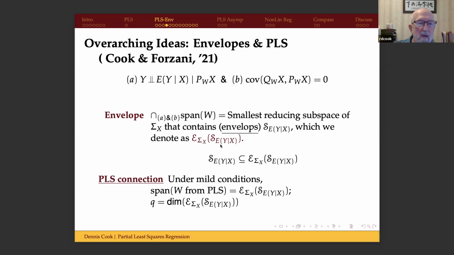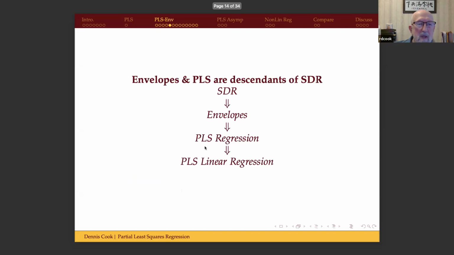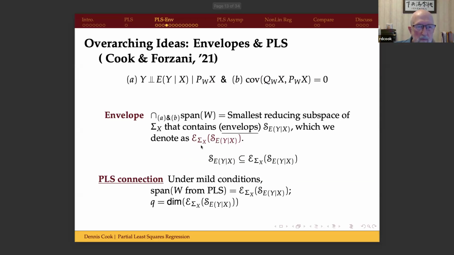We denote this as E, standing for envelope, with sigma X being how we're controlling the correlation, and this being what we're enveloping. So we read this as the sigma X envelope of the central mean subspace.